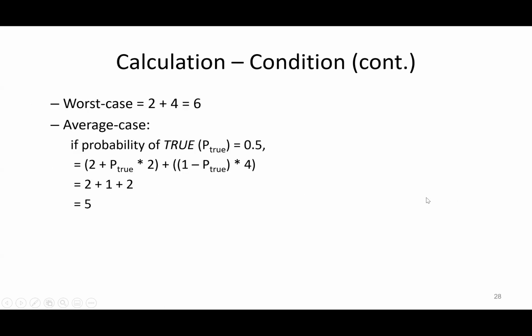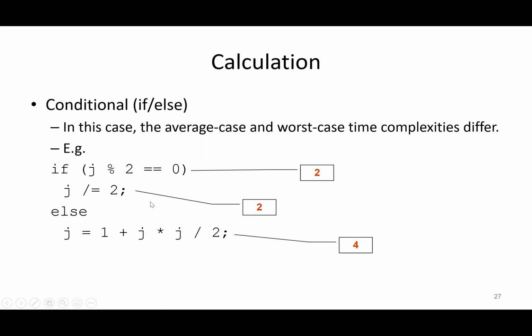So for if else, your worst case and average case will be different. For example, what is the worst case? Remember, the worst case definition is you need to execute the maximum number of operations, right? Based on this if else statement, the maximum will be when you encounter the else part, because the else part takes you 4 operations.